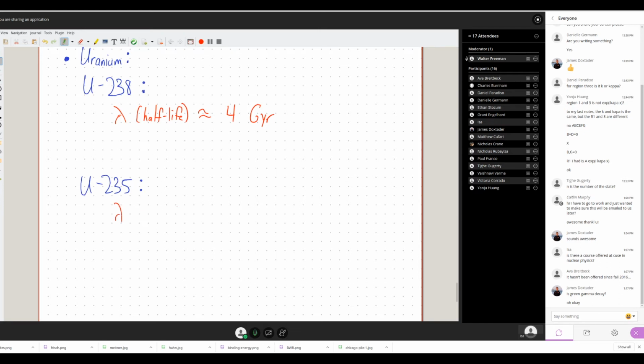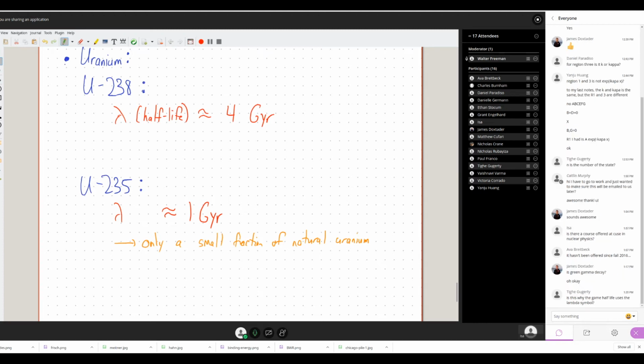Its half-life is around 1 billion years. So that means that this is only a small fraction of natural uranium. And remember, you can't use chemistry to separate the two because they have the same chemistry.